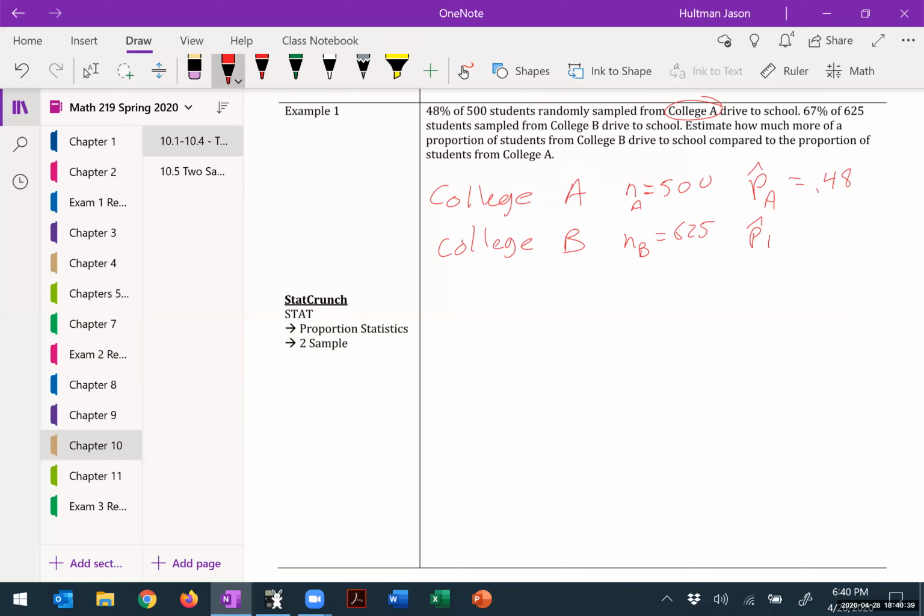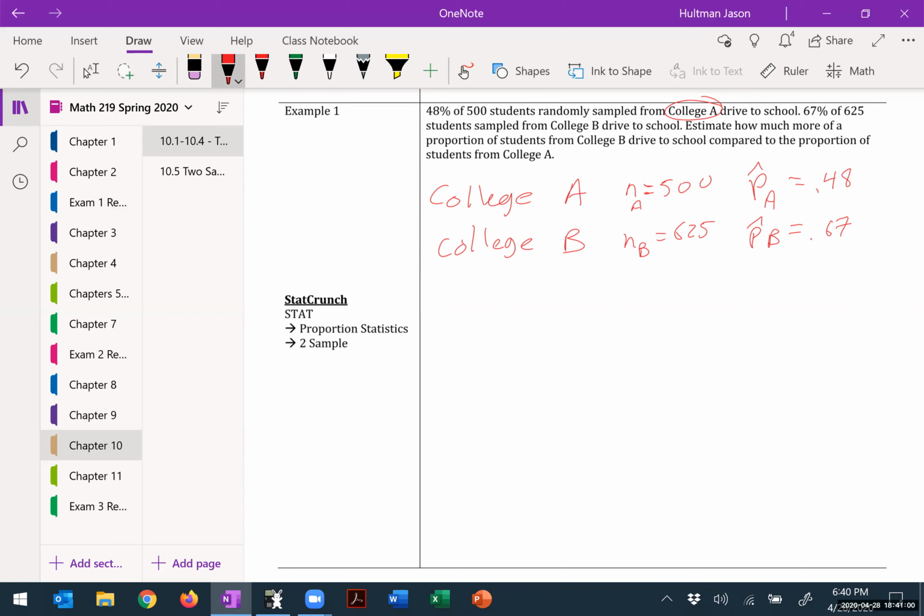And p hat B, my sample proportion of B, is 0.67. I want to know, is the difference between the colleges significant in order for me to say that they are not equal?